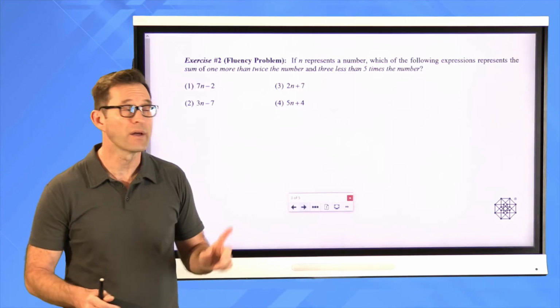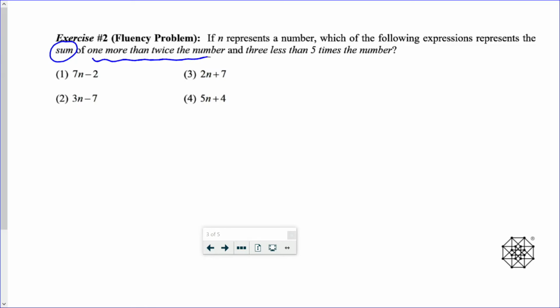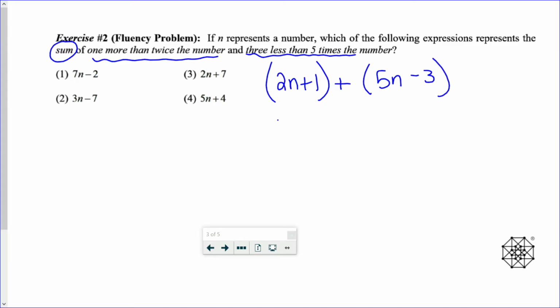All right, well, again, we've got a sum, so an addition, of 1 more than twice the number. That's going to be 2n plus 1, plus 3 less than 5 times the number. 5 times the number will be 5n. 3 less than it will be minus 3. Just like before, we can get rid of those parentheses due to the associative property of addition.